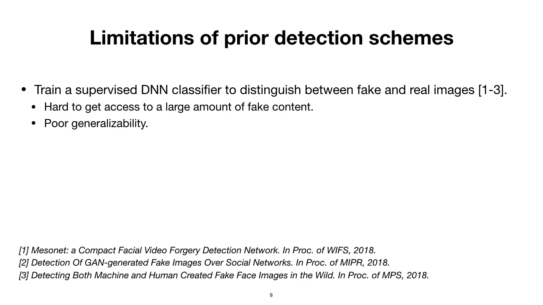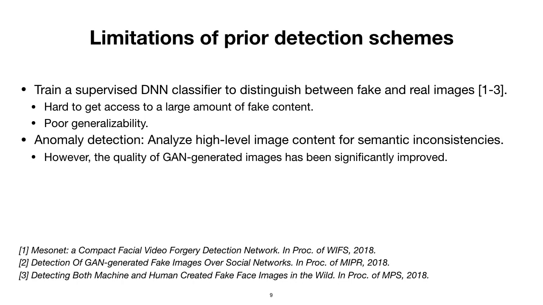First, let's understand the limitations of prior work. One approach is to train a supervised DNN classifier to detect deepfakes, but it can be hard to obtain a large representative training dataset of deepfakes. Plus, these methods may have poor generalization performance, which means they perform poorly when applied to previously unseen deepfakes.